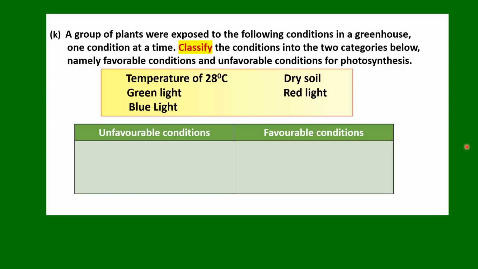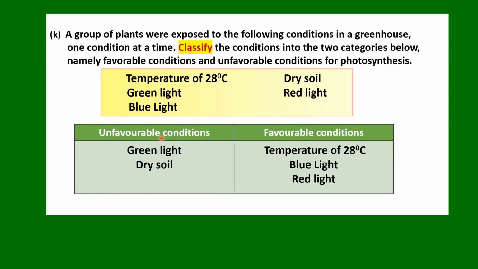Which one is favorable? Now, look at the titles carefully. You've got to read the question and don't assume anything as though it is like the textbook or the slides here. You must read the question and see. Here they put unfavorable conditions first, and this one is favorable conditions. So the unfavorable conditions here are green light and dry soil.